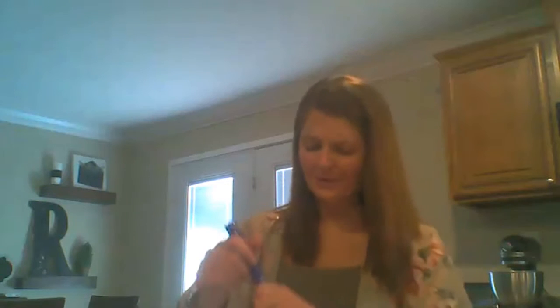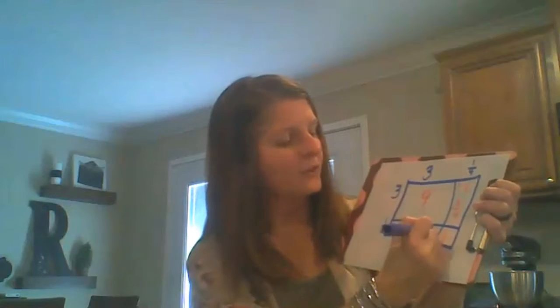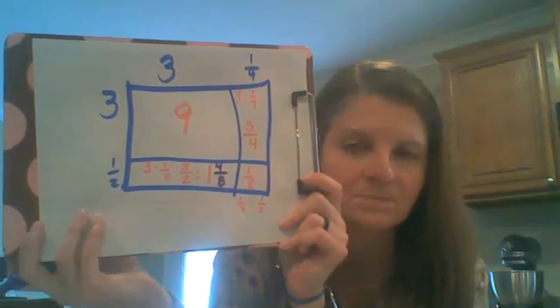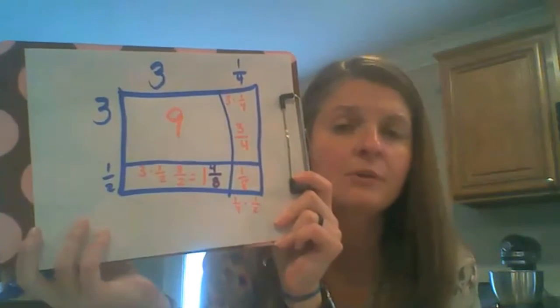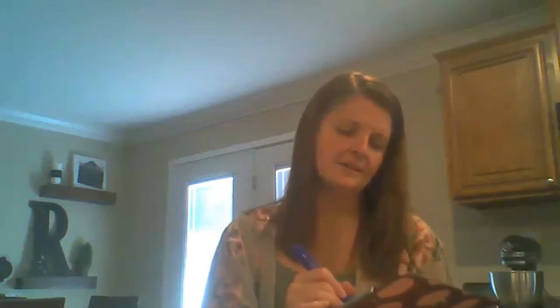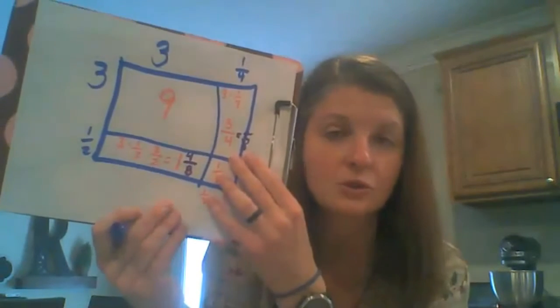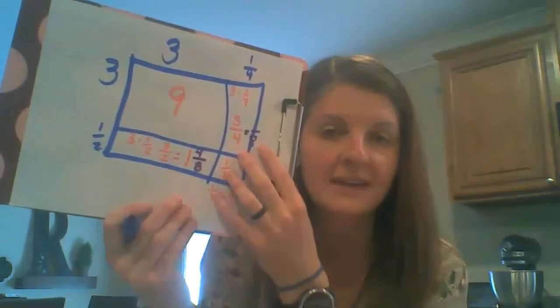So I'm going to start with 1 1/2. So my math brain tells me that 1 1/2 is the same as 1 4/8. I just know that 4 is half of 8, so I don't have to really do a whole lot to think about that one. All right, so then we've got 3/4 up here. If I change that to eighths, I know that if I take those fourths and split them into 2 parts, that'll give me 8.